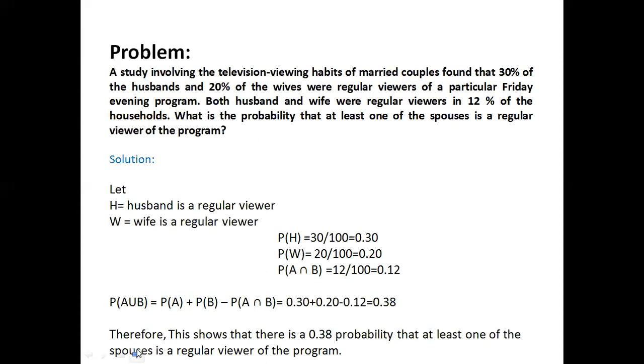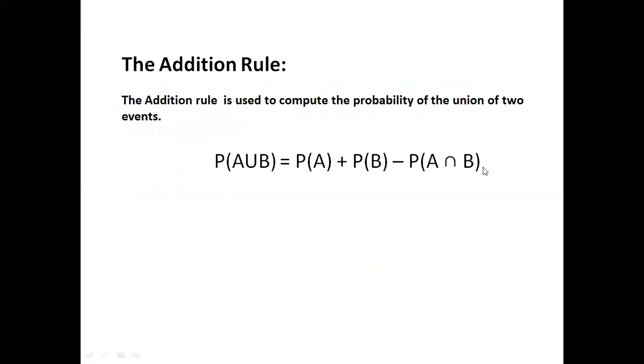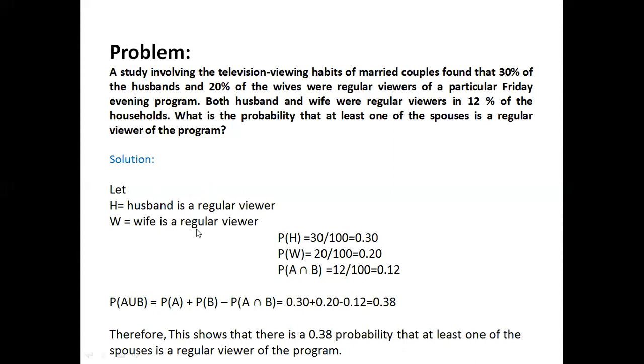It means we are going to find the probability that at least one of the spouses is a regular viewer of the program. If such inquiries are there, then you have to use the addition rule. Now the solution.